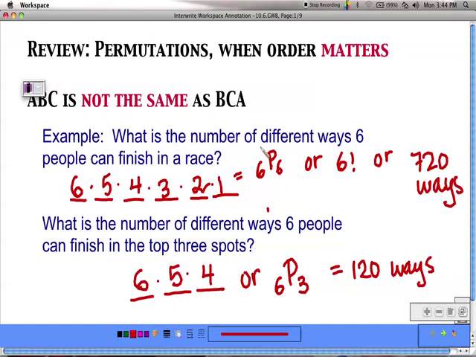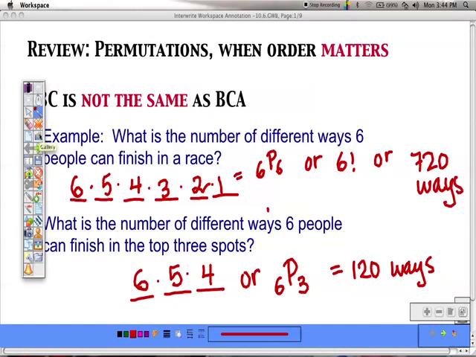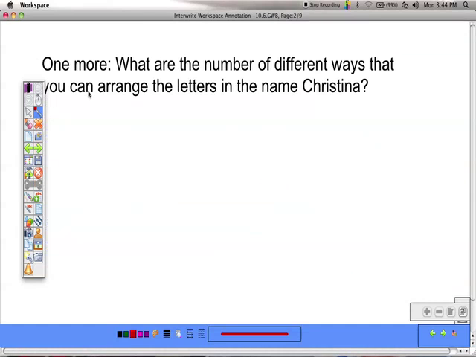So today we're going to look at something different. I think there might be one more example of permutations. Yep, one more example of permutations. What are the number of different ways that you can arrange the letters in the name Christina? Okay, so to do this, we're going to look at the number of total letters.